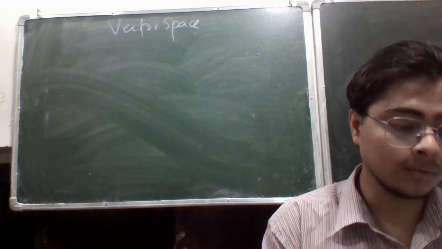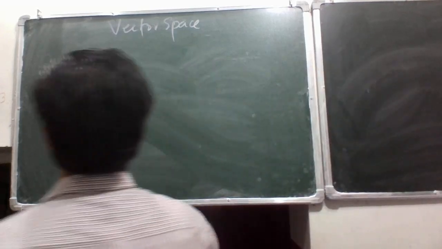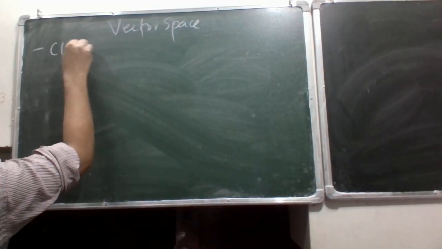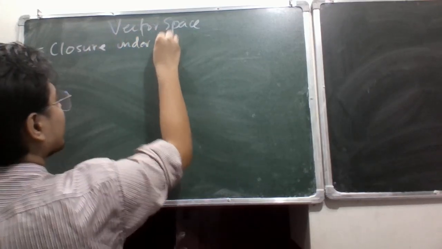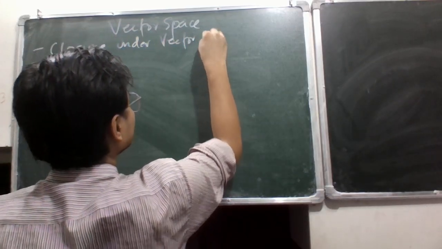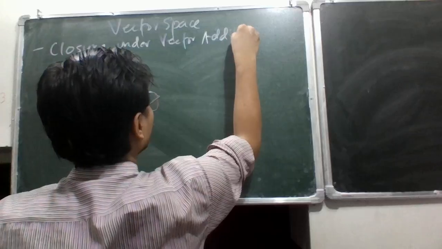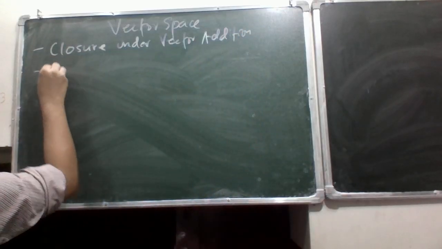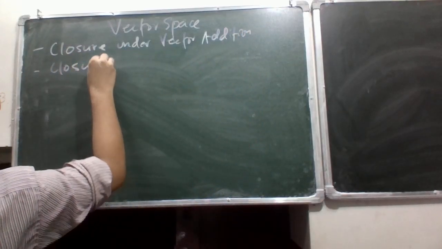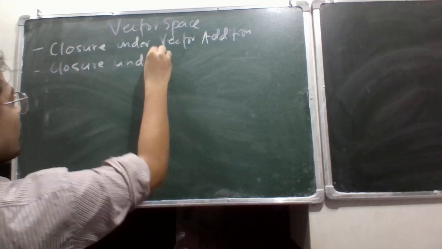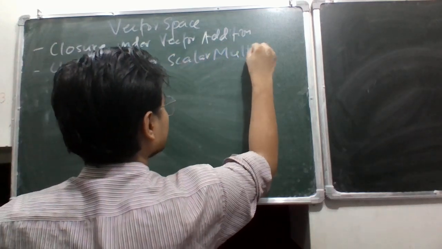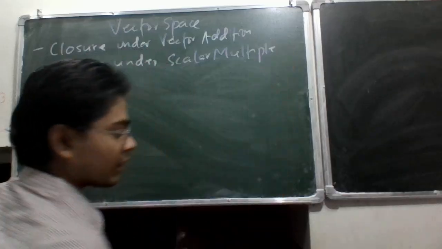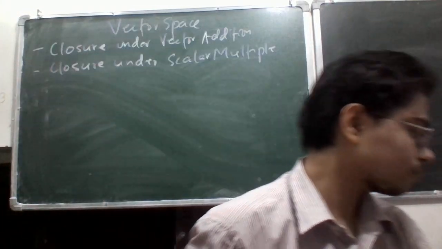What do we mean by that? I have said two things: closure under vector addition and again closure under scalar multiplication.